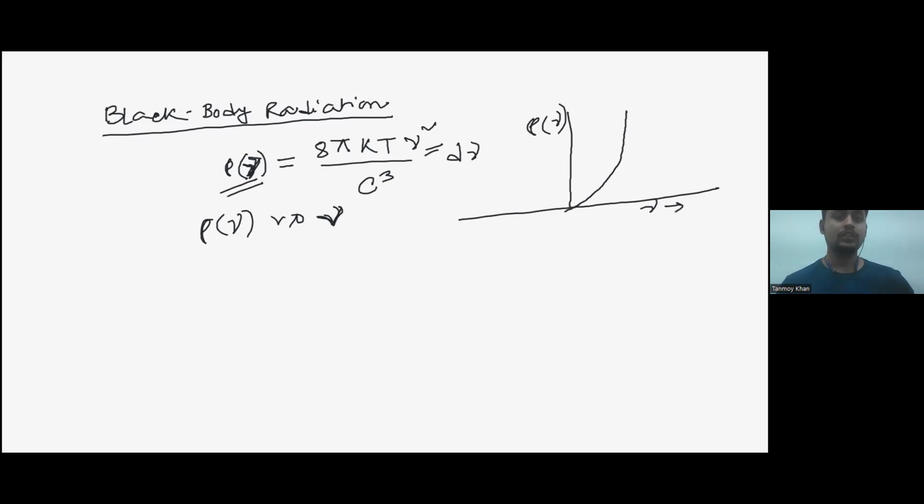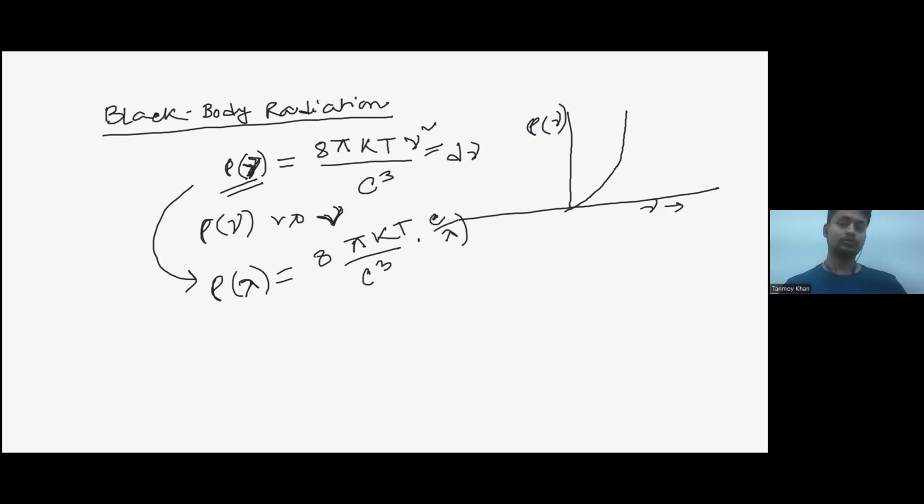Now you can directly go from rho mu to rho lambda because you know the relation. Mu is nothing but c by lambda. That means it will be 8 pi k T by c cube into c by lambda whole square.